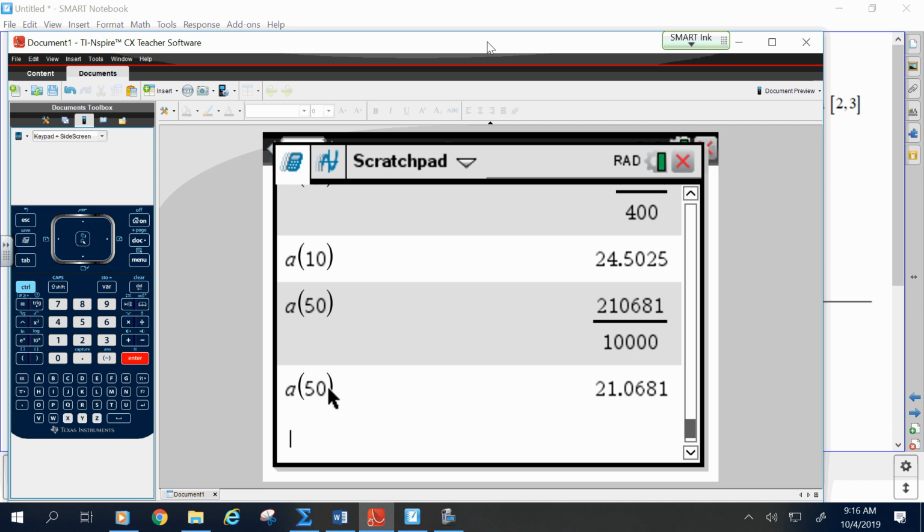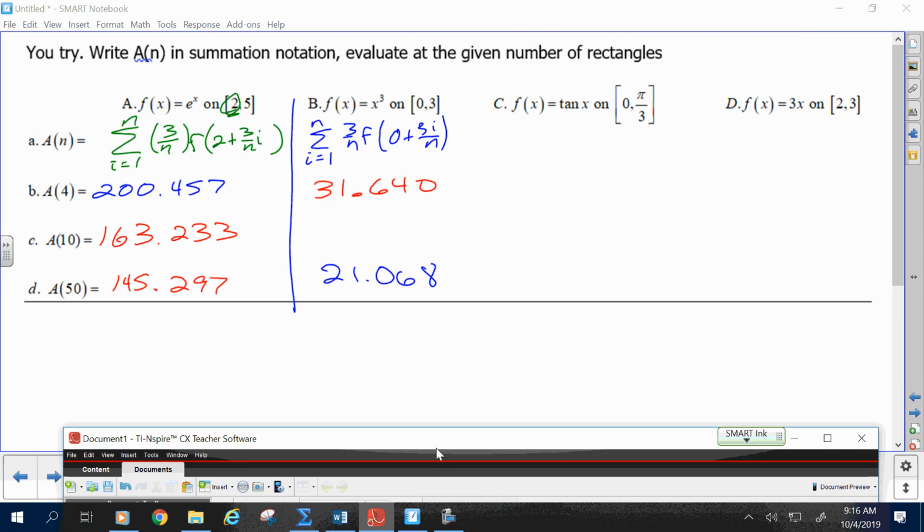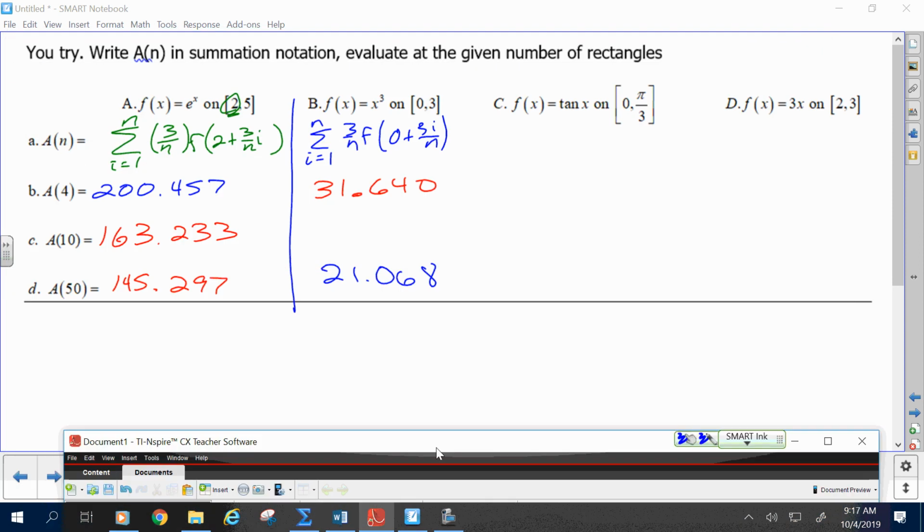Actually, I need to write this. What's delta x now? Pi over 3 over n or pi over 3n? Those are the same. That's pretty gross. F at 0 plus pi over 3n i, yeah?